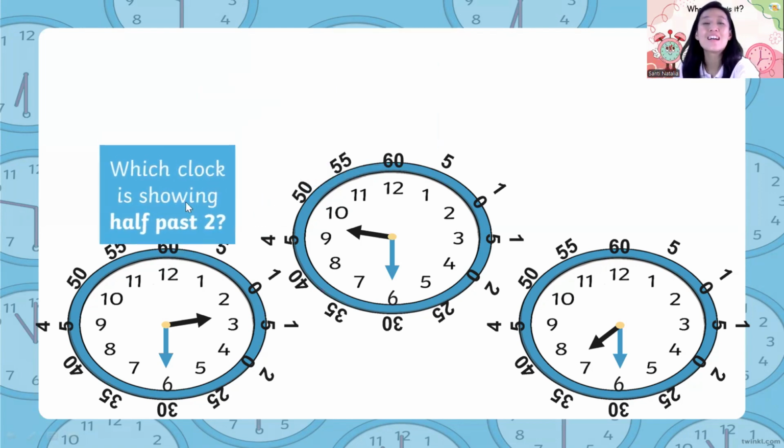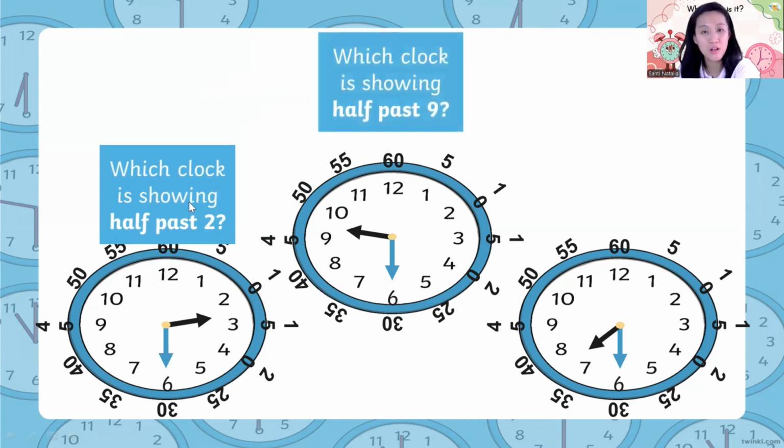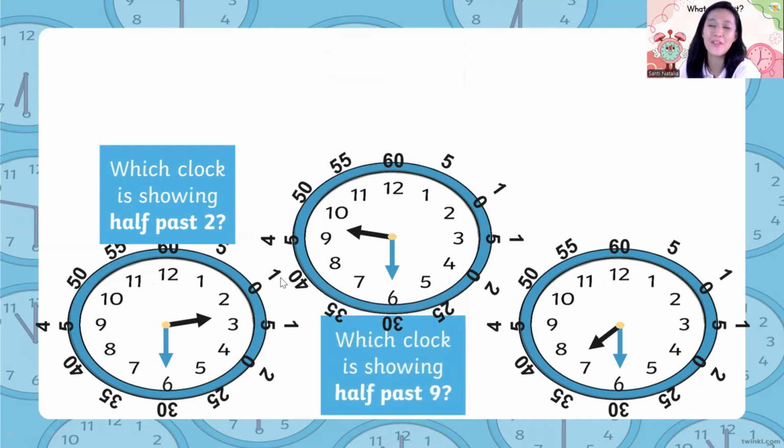That's good. The second question, which clock is showing 9:30? So the long hand is pointing at 6 and the hour hand between 9 and 10. Which clock, children? Yes, this clock.